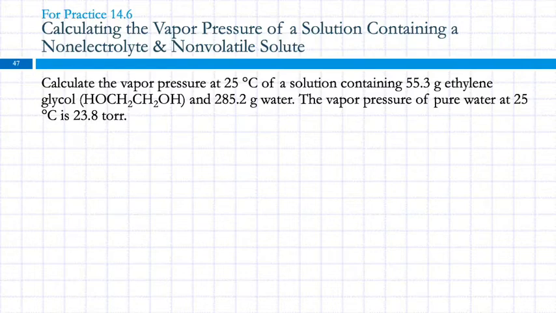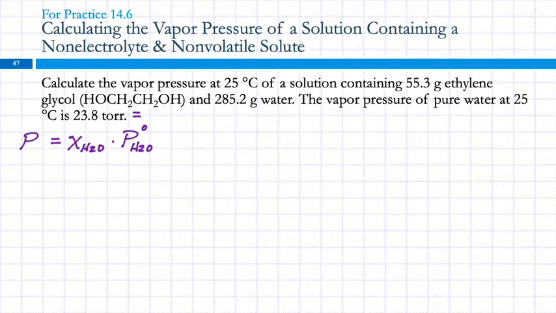So we want to use Raoult's law, which says that the vapor pressure of this solution is equal to the mole fraction of the solvent, here the solvent is water, times the vapor pressure of pure water. So they gave us the vapor pressure of pure water.